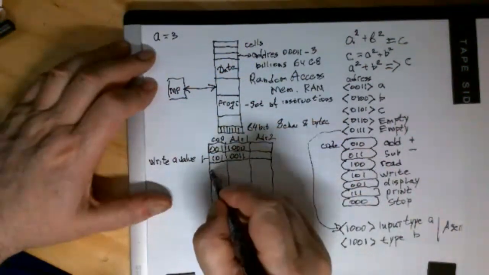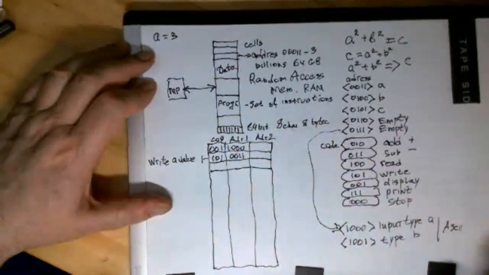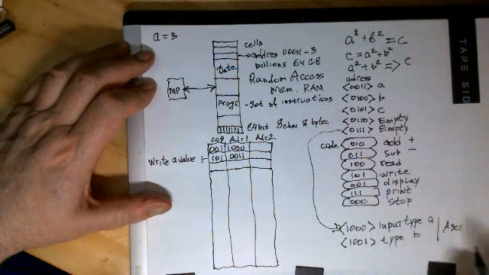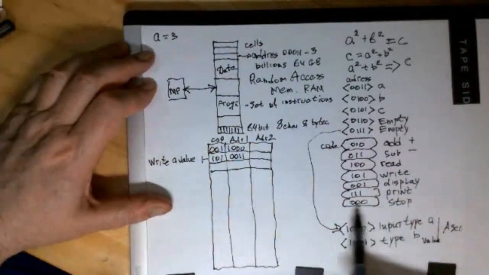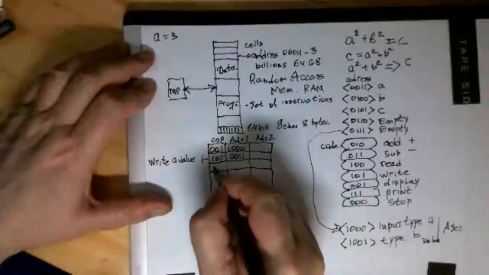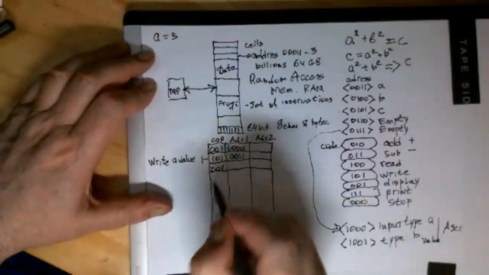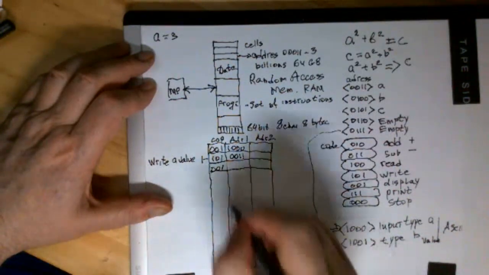Then again, I need to display the next text, type B value. And display is 001, 001. But now I need to display this information, 1001 cell.